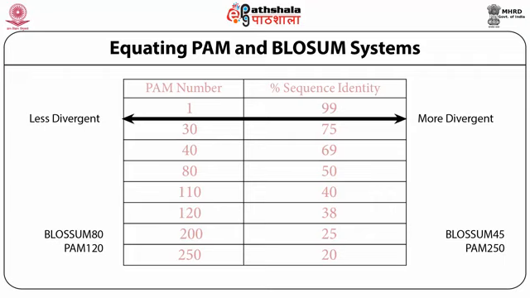Higher PAM and lower BLOSUM number indicates higher divergence. On the other hand, lower PAM number and higher BLOSUM number indicates less divergence. In between these limits, we have BLOSUM 62 and PAM 160, which are intermediately diverged. Therefore, BLOSUM 62 and PAM 160 can be used with sequences having intermediate identity.